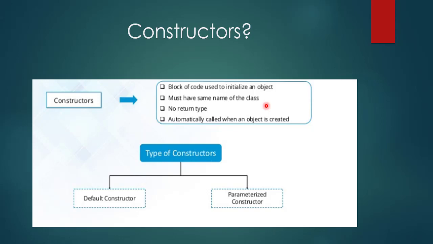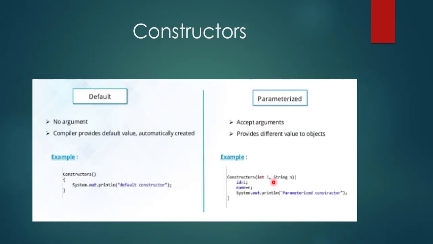Types of constructor. We have two types of constructor: the default constructor and the parameterized constructor. The default constructor is one with no arguments. Here is an example of a constructor with no arguments. When there is no argument, it's the default constructor. The compiler provides a default value automatically.